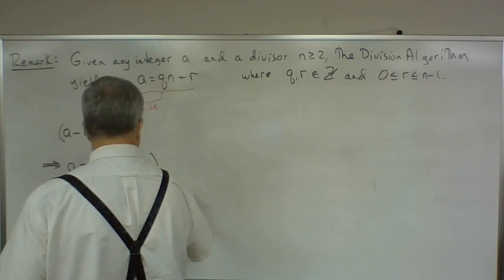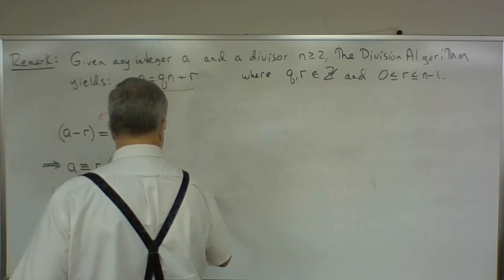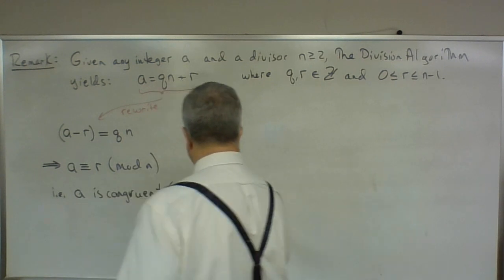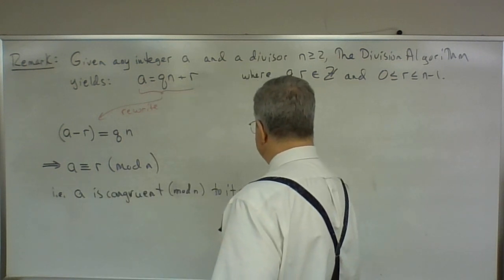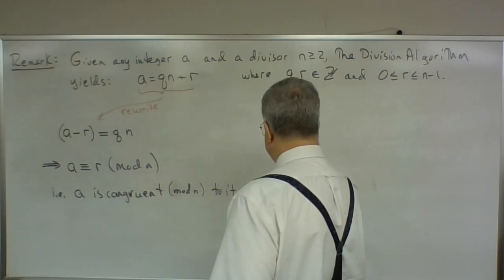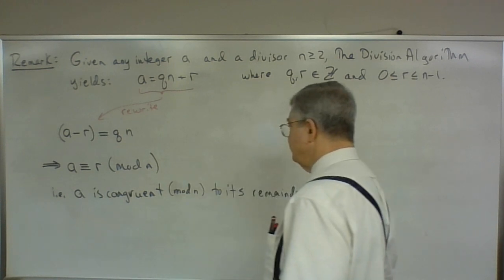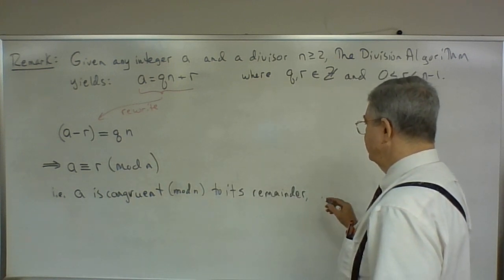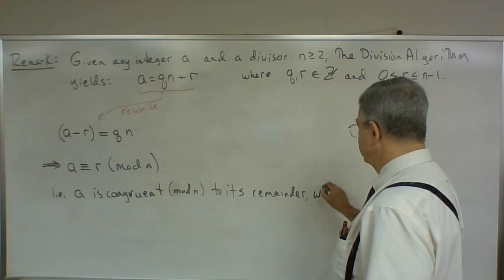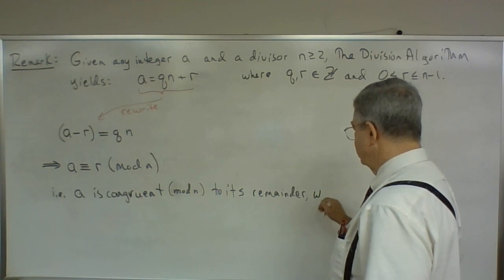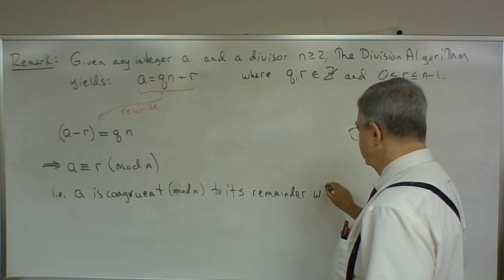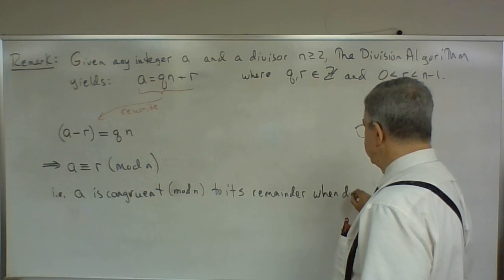Congruent modulo n to its remainder when divided by n.